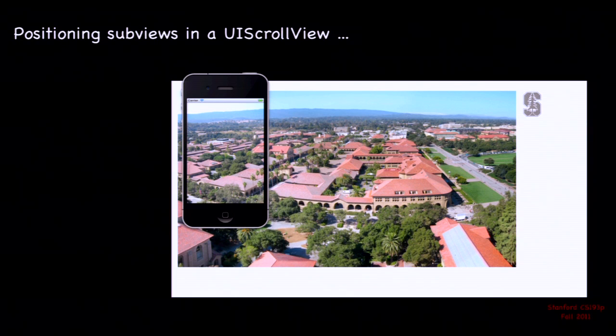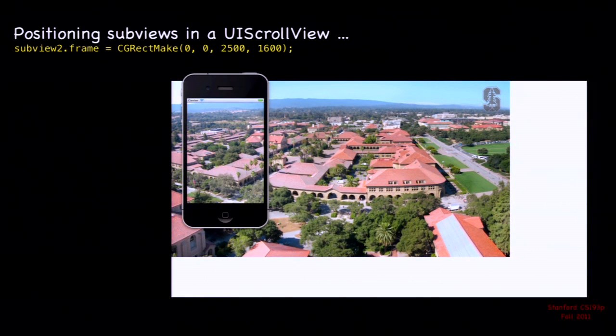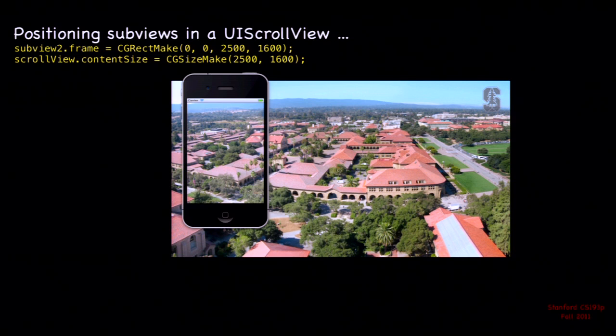Now, normally, this would be a bad situation that I've shown right here because we have areas in the content size of the scroll view that aren't covered. Those white areas, that's not good. So normally, we would move these subviews, like the Stanford logo, and then the Stanford campus, and then we'd make the content size shrink to fit the biggest one of them, right?